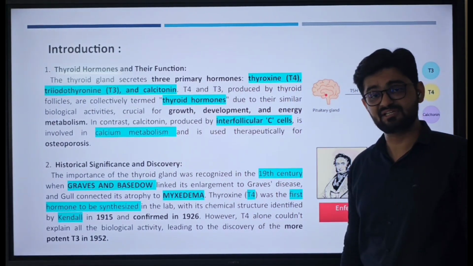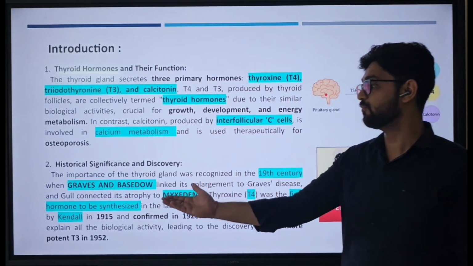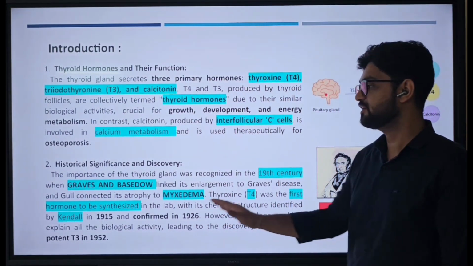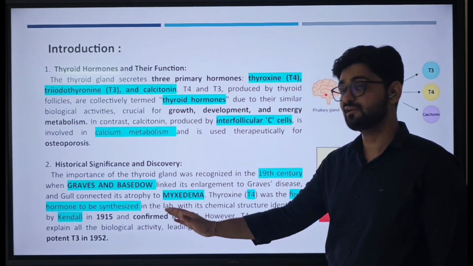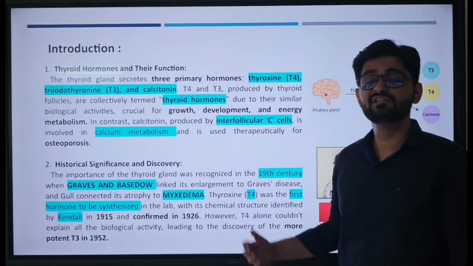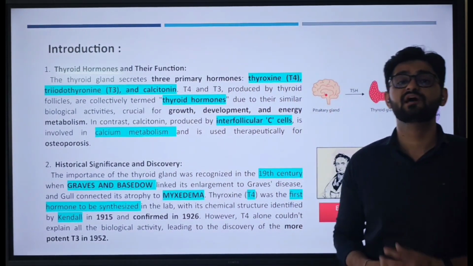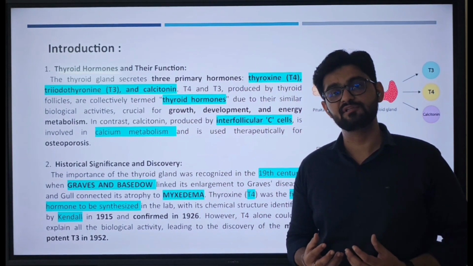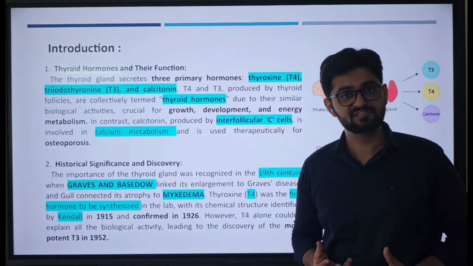Thyroxine, T4, was the first hormone to be synthesized in the laboratory. Then its chemical structure was identified by Kendall in 1950 and the confirmation was done in 1926. So these are the historical perspectives of how the thyroid gland was studied and which scientists were associated with the discovery of the thyroid hormone as well as the thyroid gland.